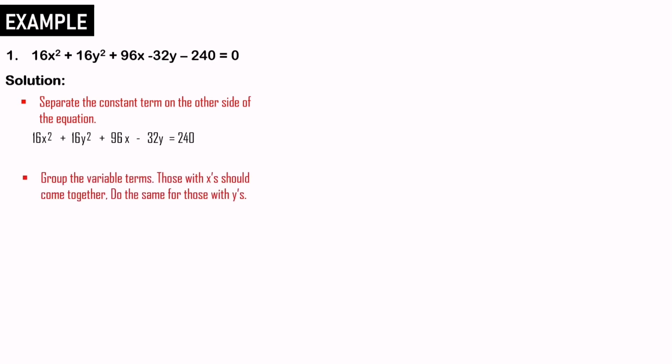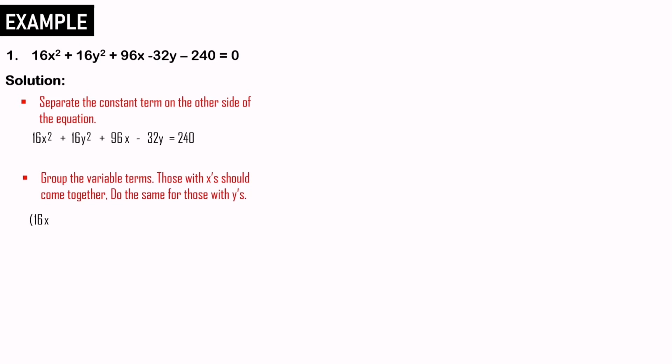Then we group the variable terms. Katong mga variable terms na naay mga x, ipangtapad to sila and maupod sa katong mga naay y. Okay, therefore, magtapad ning 16x squared o kaning 96x, kanipong 16y squared o negative 32y.